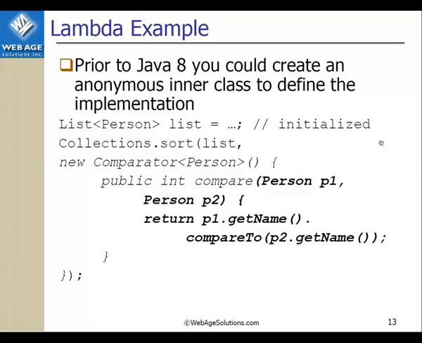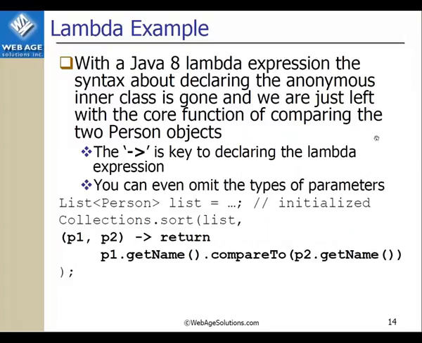So let me go to the next thing. If you take a look at what happens when we use a Lambda expression, this becomes so much simpler. Look at the characters here. This is declaring the Lambda expression.